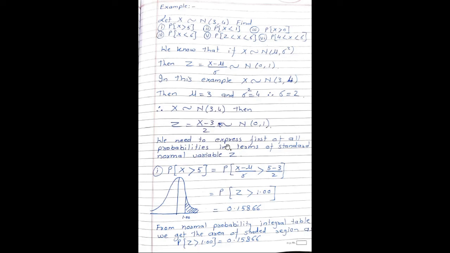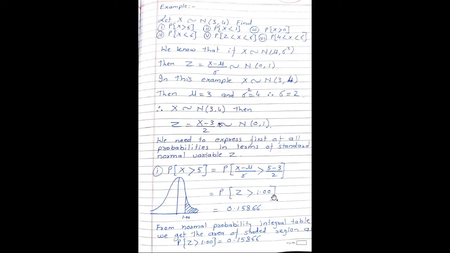We need to first express the probabilities in terms of the standard normal variable z. So for the first part, probability x greater than 5 is equal to probability x minus mu upon sigma greater than 5 minus 3 upon 2. We can write this as probability z greater than 1.00.